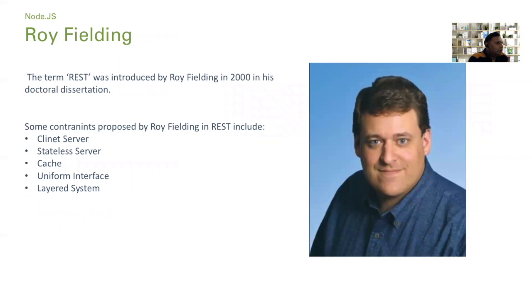It was introduced by Roy Fielding in the year 2000 in his PhD thesis, and basically he wrote down a set of guidelines of how HTTP could be utilized to better communicate information between client and a server.